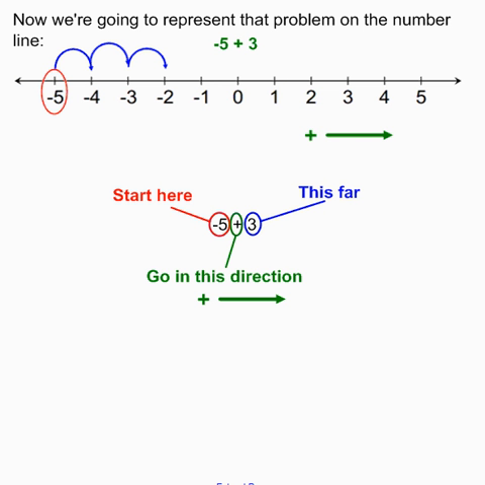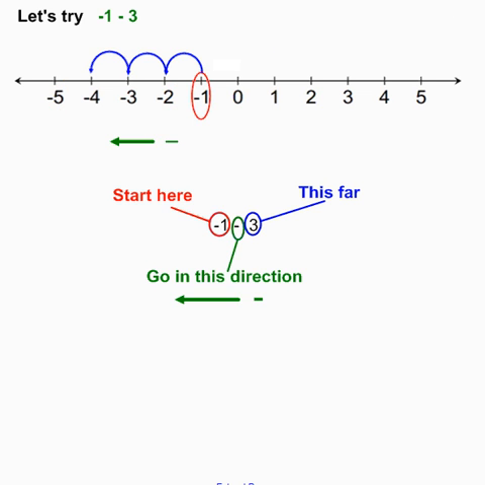So we do that on our number line, start at -5, go in the positive direction 3 times, and I wind up at -2, which is what we just said. So this is a system for taking an addition or subtraction of positive and negative numbers and arriving at the correct answer.